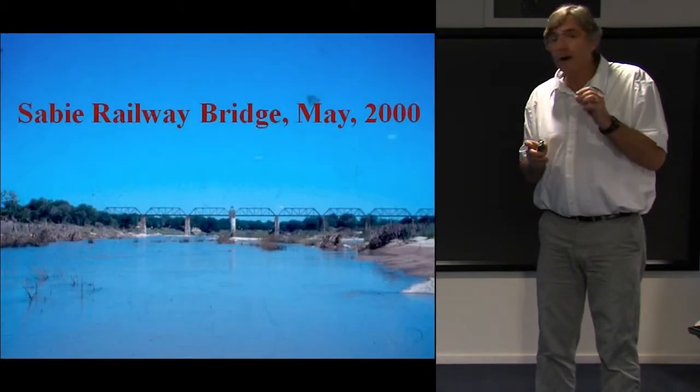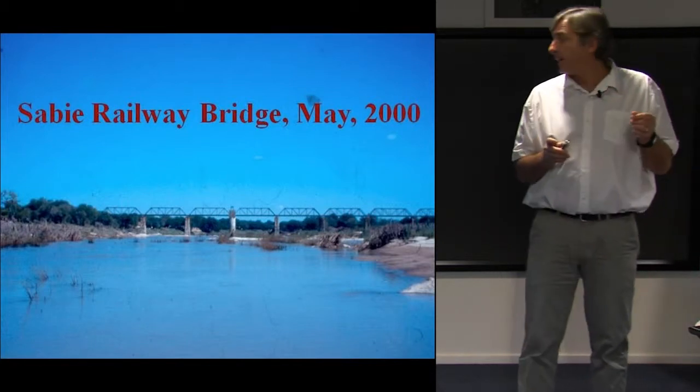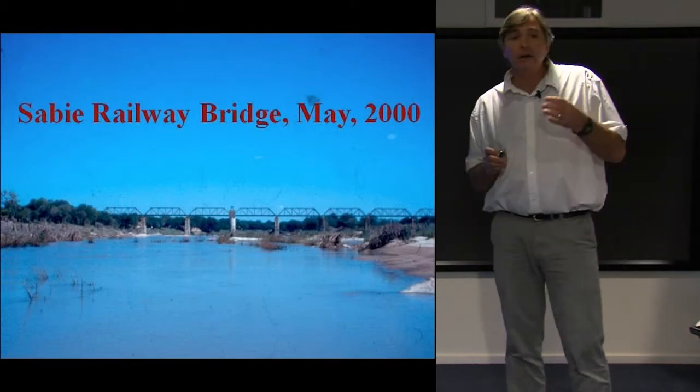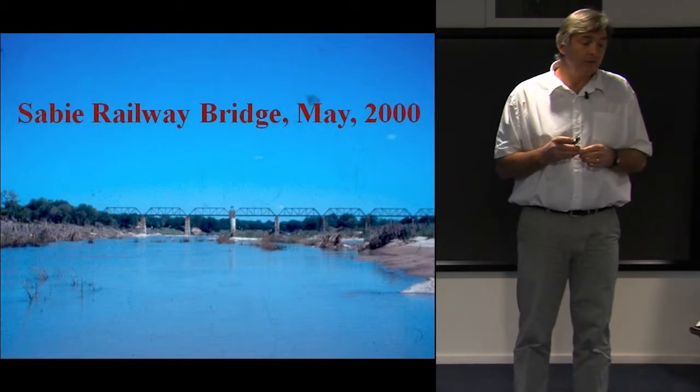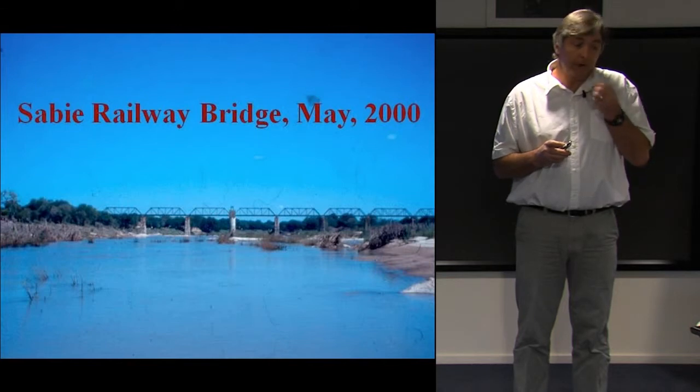But then if we look after the February 2000 flood receded, we can see that the riverbed and riparian zone is very similar to the situation in that 1925 flood photo.